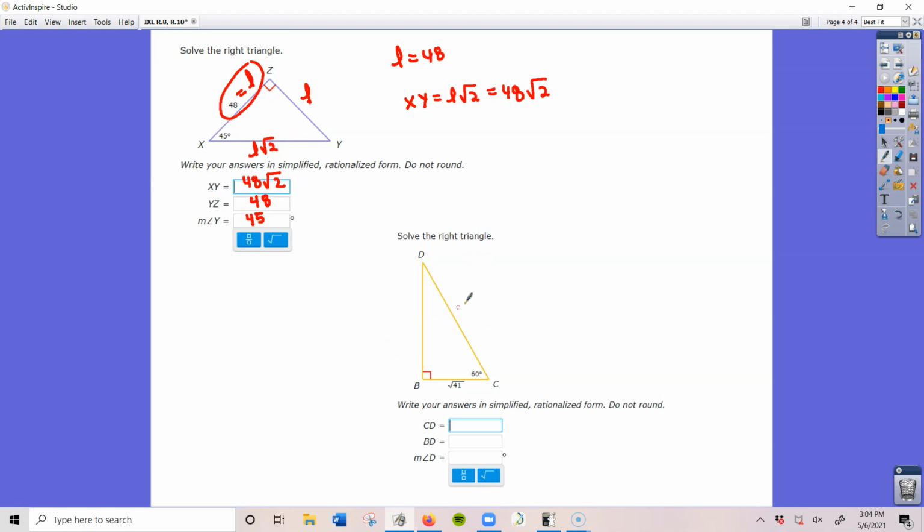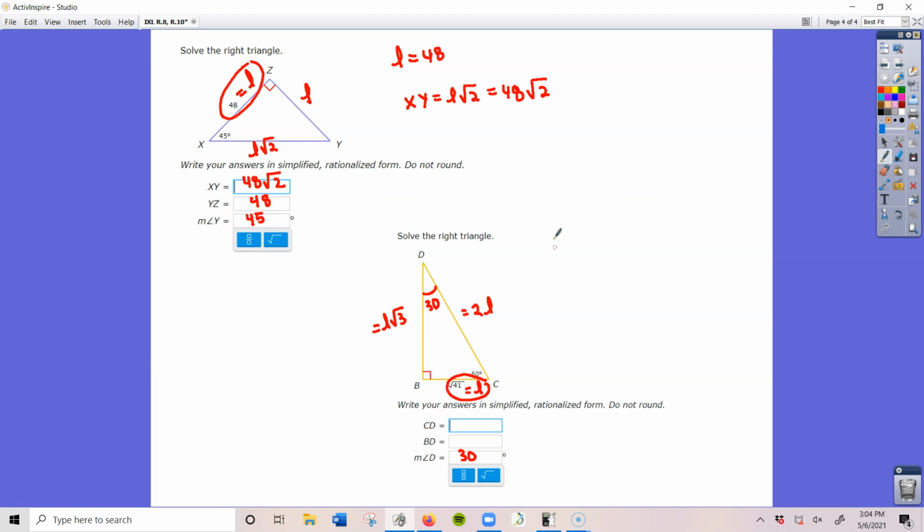Last one, we have here that 60 degrees, so that means that angle D must be 30 degrees. Now let's write out our rules. The short side of a 30, 60, 90 is equal to L. The long side is equal to L square root of 3. And the hypotenuse here is equal to 2 times L. Since I know what L is equal to, I just plug it in for each side.